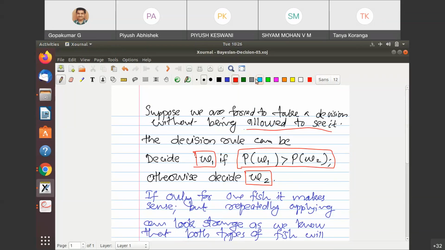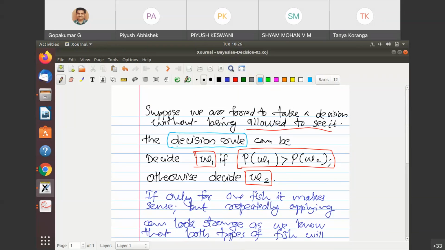So that is the concept of a decision rule. The decision rule is which rule we use to reach a conclusion that the next arriving fish is this one or that one.